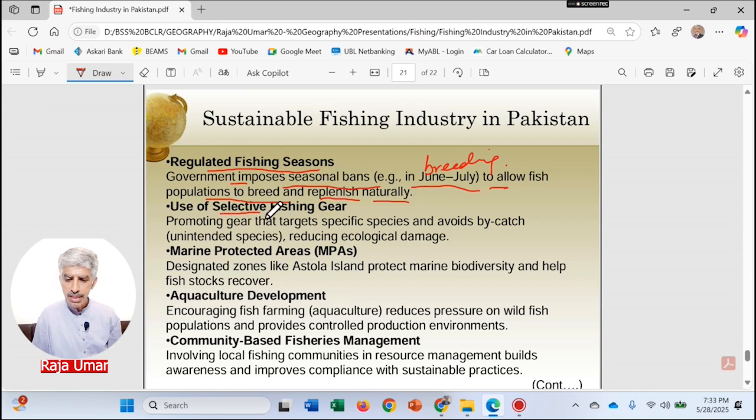Use of selective fish gear: promoting gear that targets specific species and avoids bycatch of unintended species, reducing ecological damage.